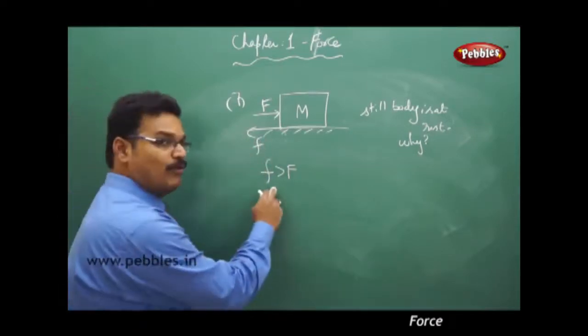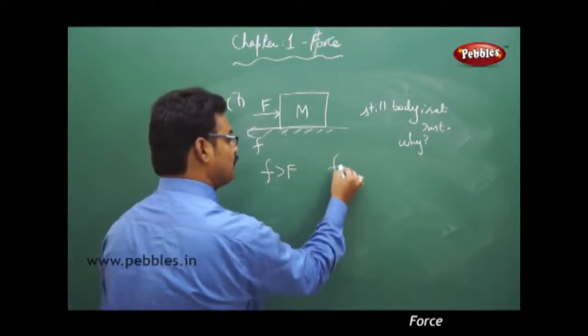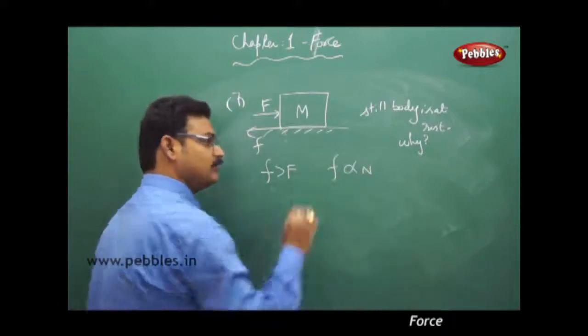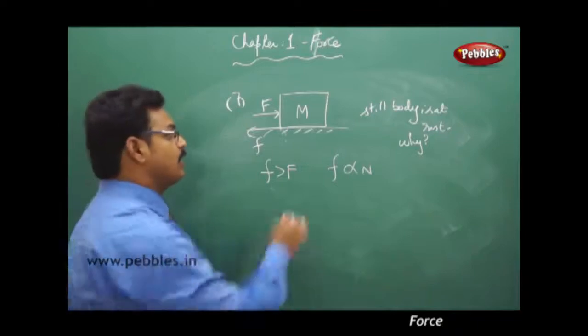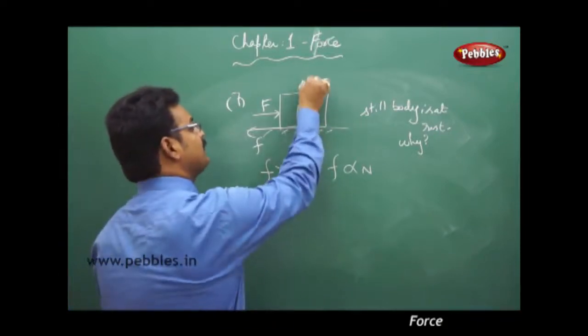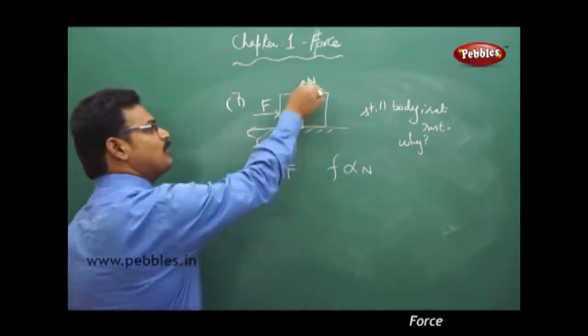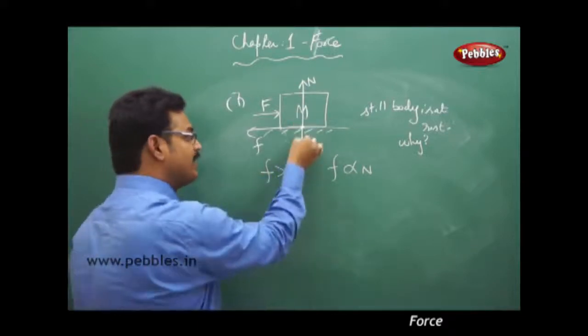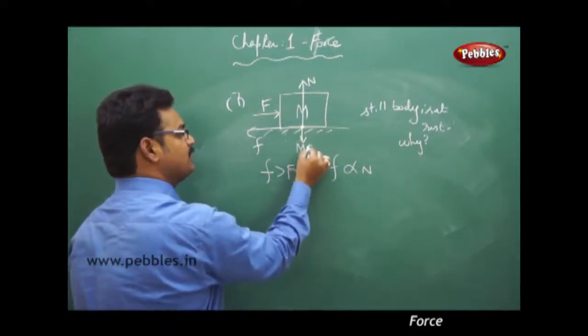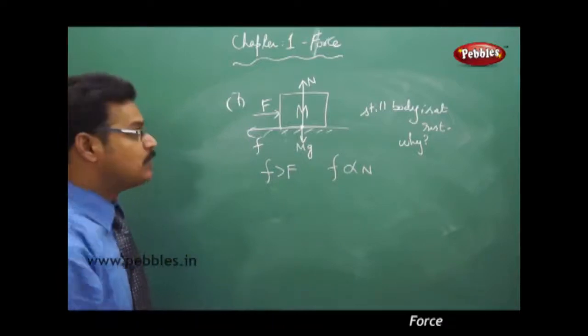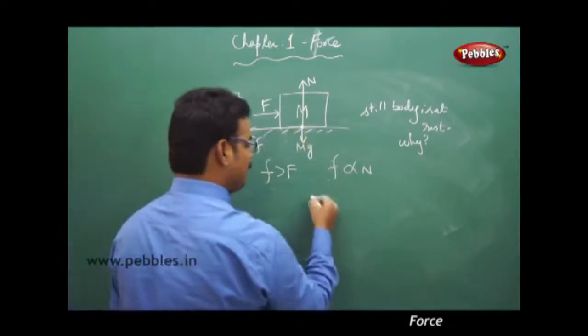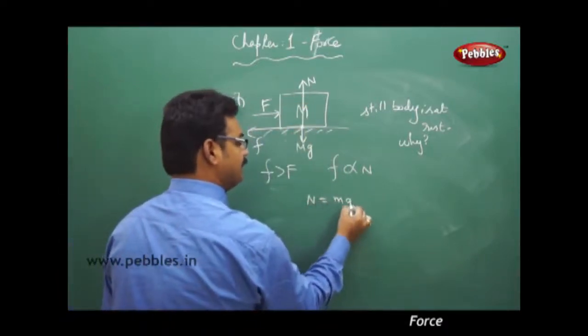And this frictional force is directly proportional to the normal force. You see this diagram carefully. From the point of contact, I have drawn the normal, and body weight is acting downwards, mg. It is the weight. So from this diagram, I can say N equals mg.